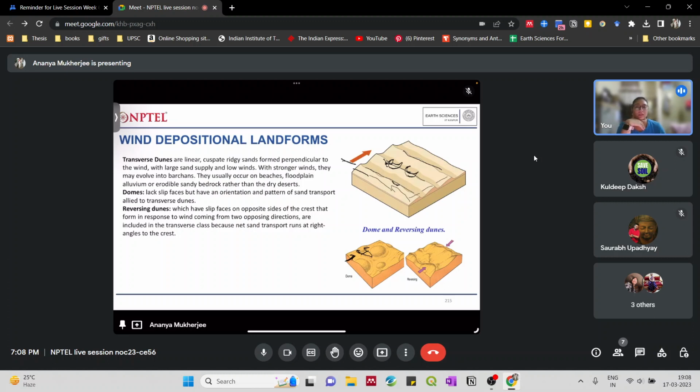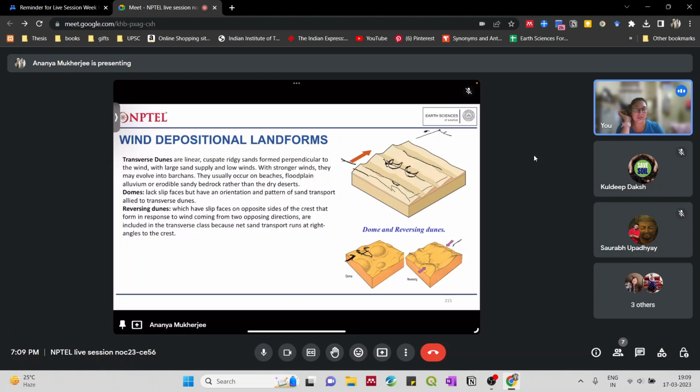And then you have reversing dunes. This is your wind direction previously. The slip face is going to be on the opposite side of the crest. This is your crest, this is your slip face. For reversing dunes, the slip face could be on this side.